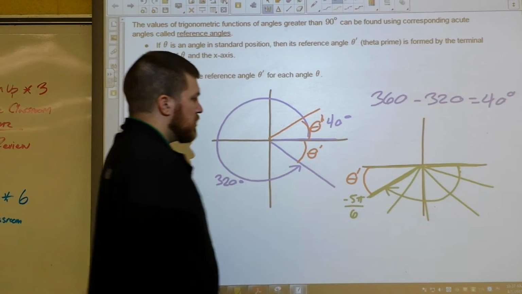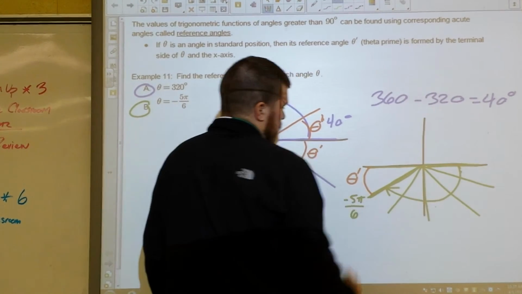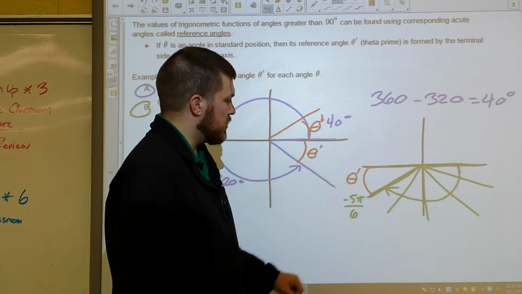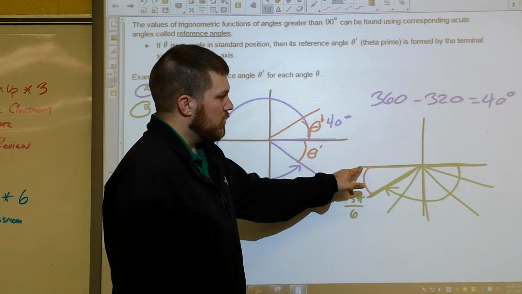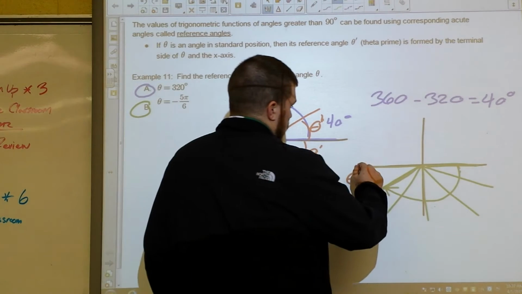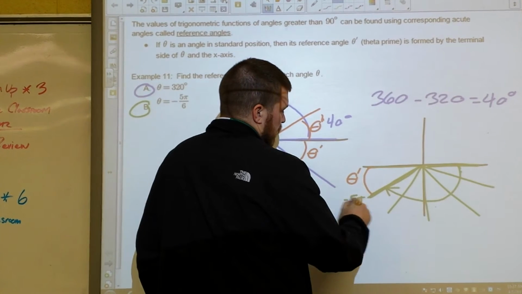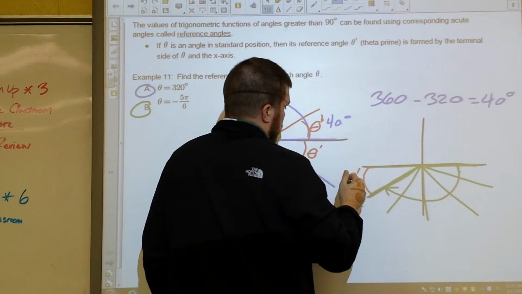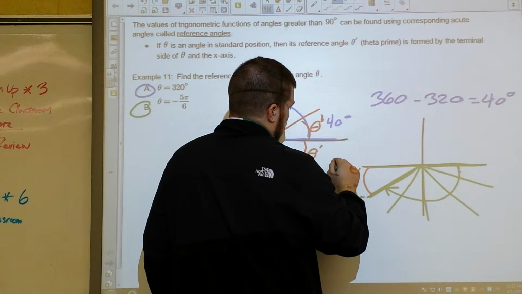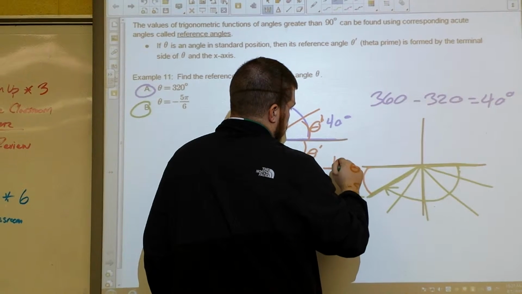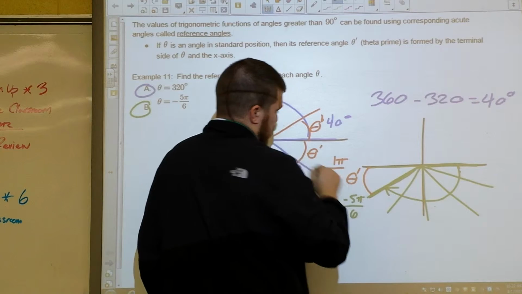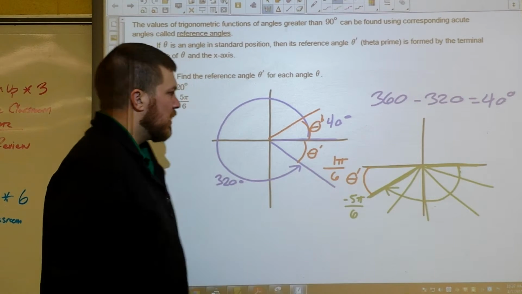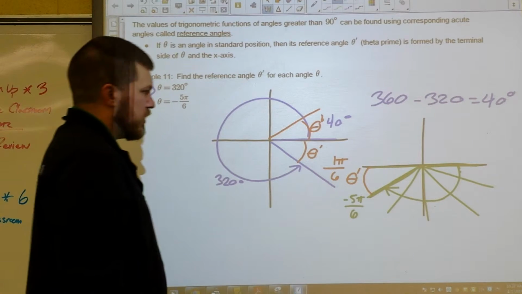Theta prime is going to be from here to here, whatever this wedge is to complete the circle. I know that this is 180 degrees, but 5 over 6, so this is obviously 1 over 6. So 1 pi over 6. That's the reference angle that would complete this.